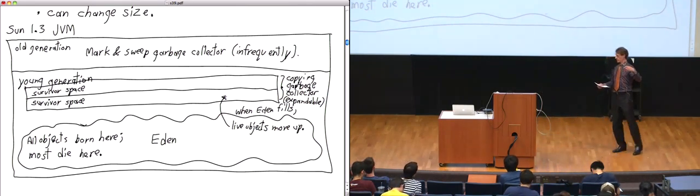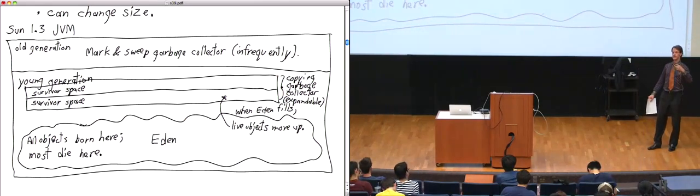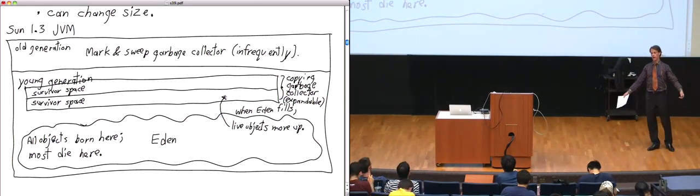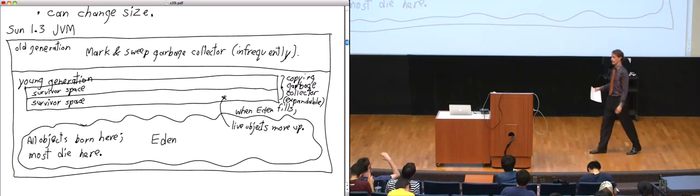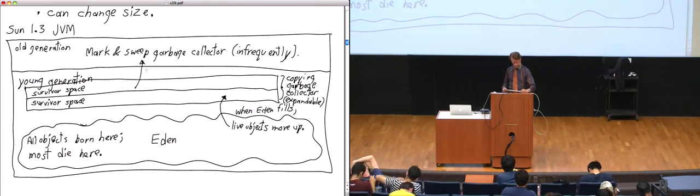And then it gets copied back and forth between the two survivor spaces many, many times. And we keep track of how many times they get copied back and forth. And then when objects get really, really old, they get tenure.